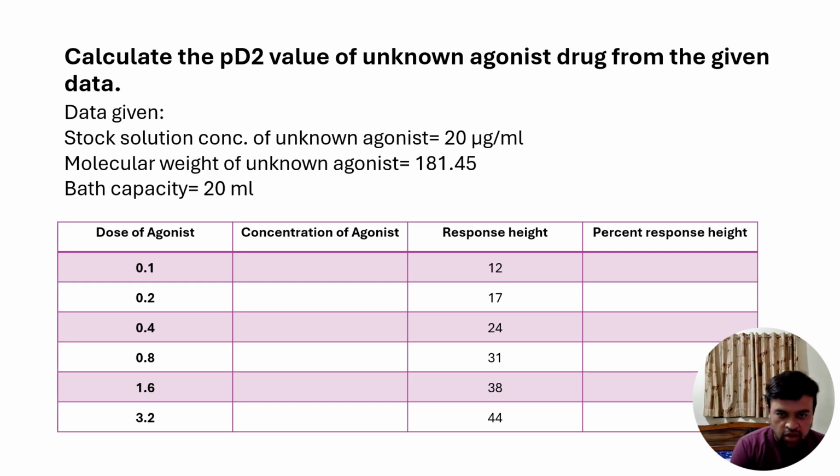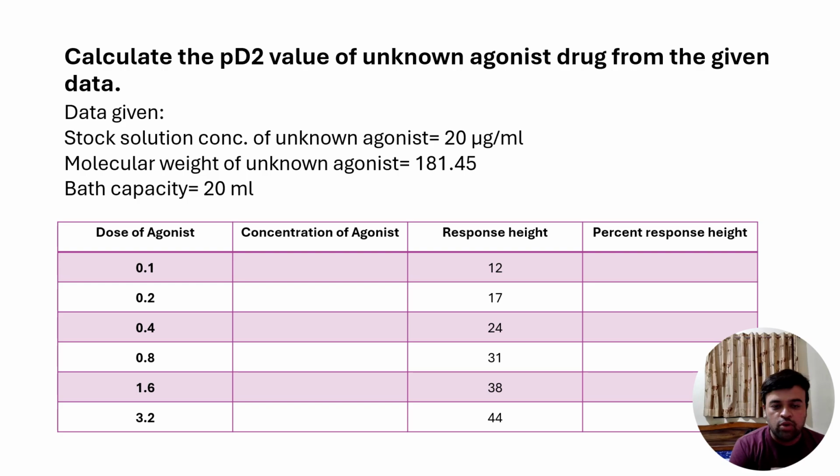In the table, two columns are blank and in two columns some data is given. The first column is dose of agonist, the second is concentration of agonist, the third is response height, and the fourth is percent response height.